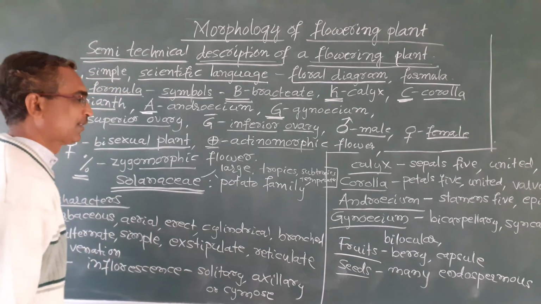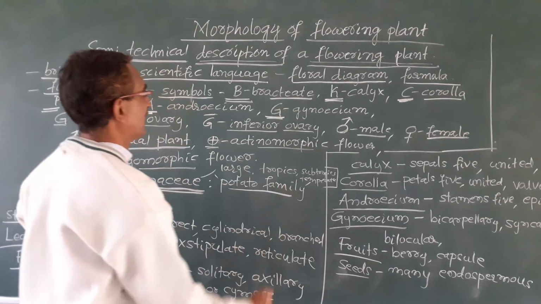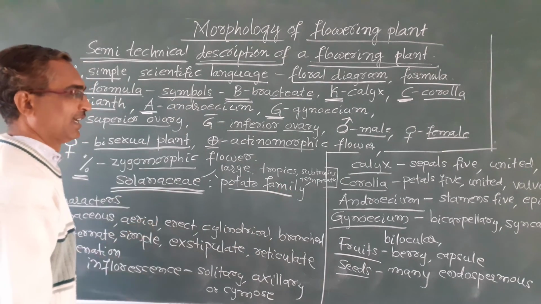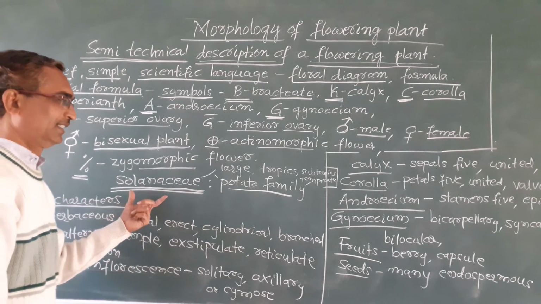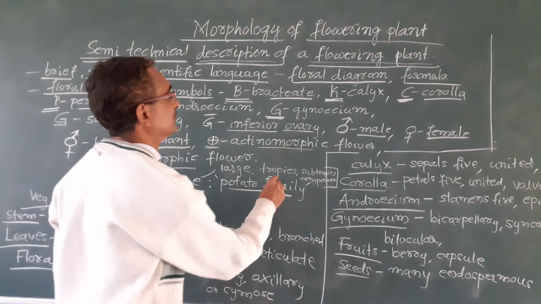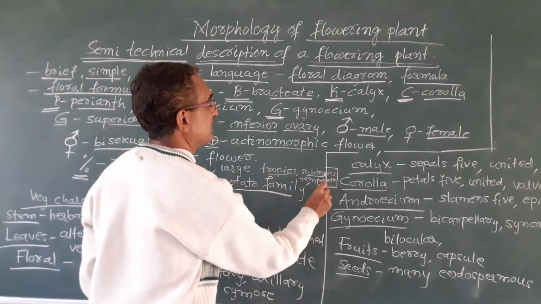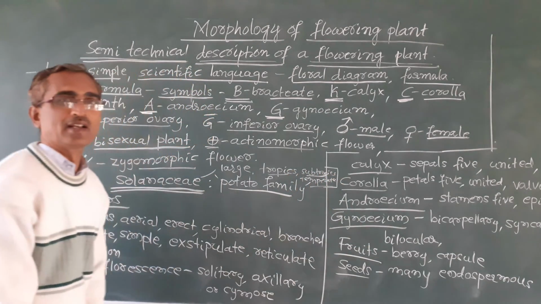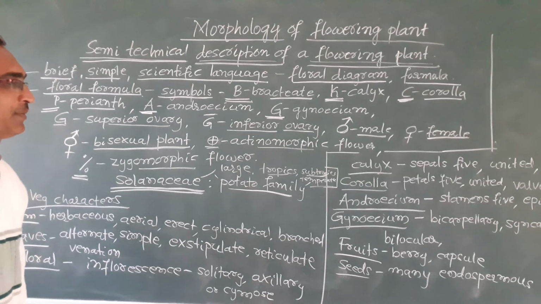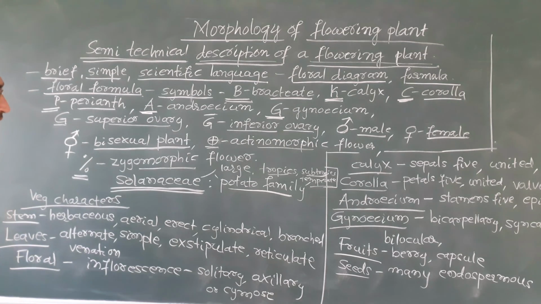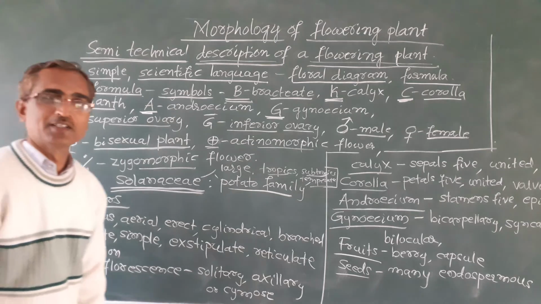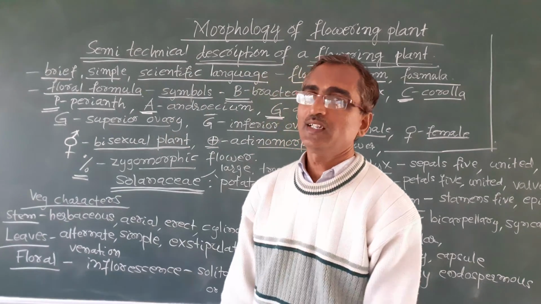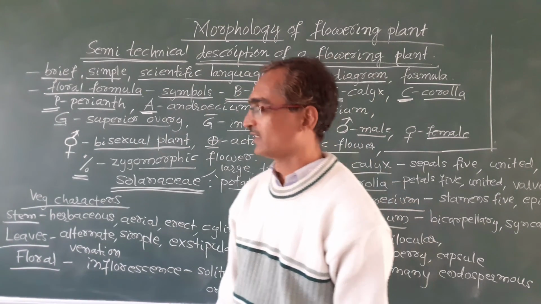It is commonly called the potato family, and it is a large family that grows in tropics, subtropics, and even in temperate regions. Tropics means where there is high temperature, and subtropic and temperate are colder regions. Let us describe some of the characters.